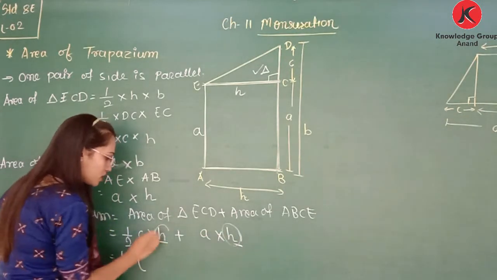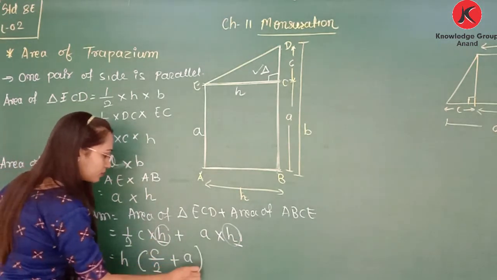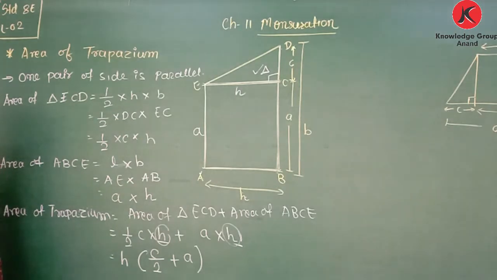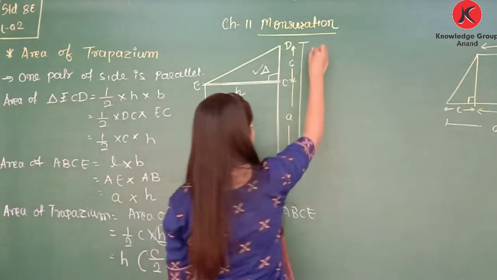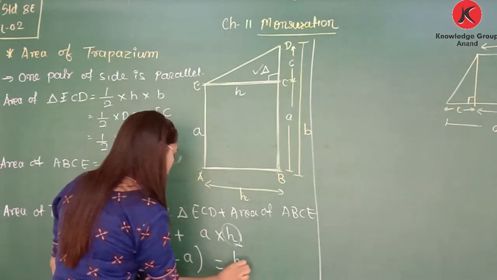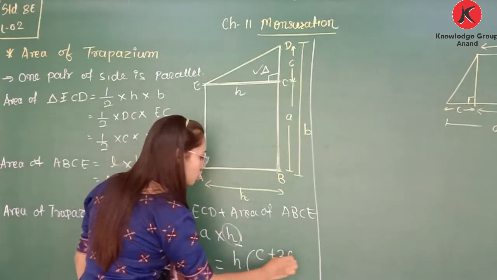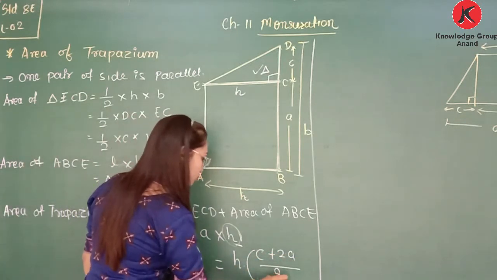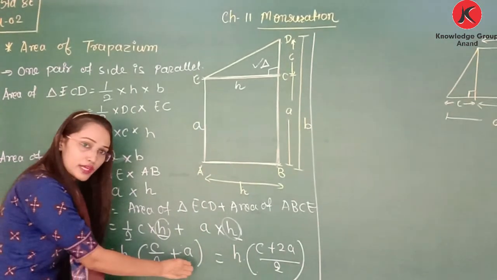So inside the bracket we have C by 2 plus A. Now take the LCM. If we take the LCM, we get inside the bracket C plus 2A divided by 2, because this A is multiplied by 2 and divided by 2.